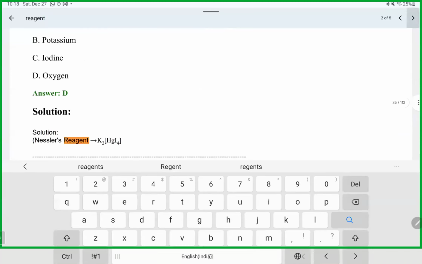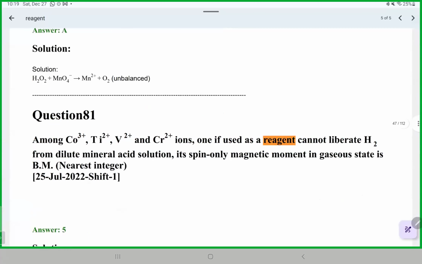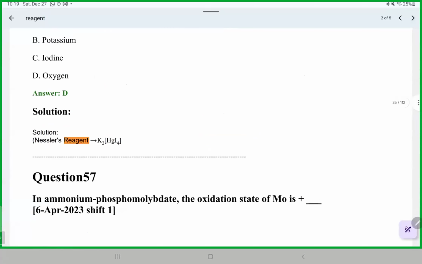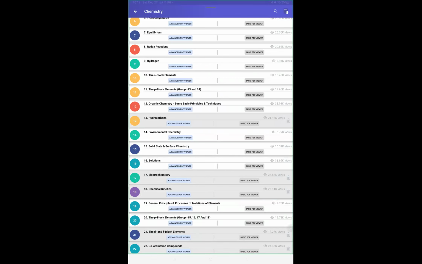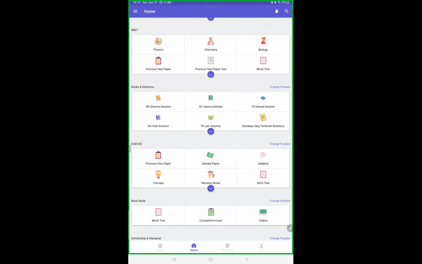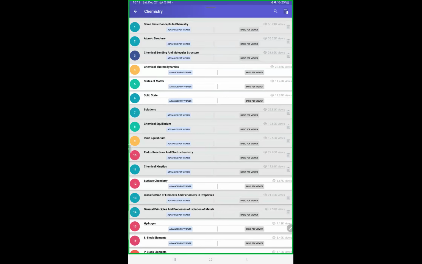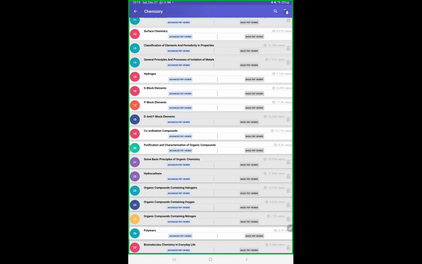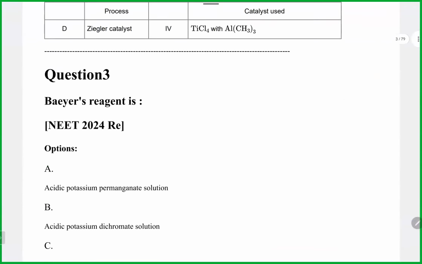We will see in the NEET question if we can get it. NEET chemistry. Very close.